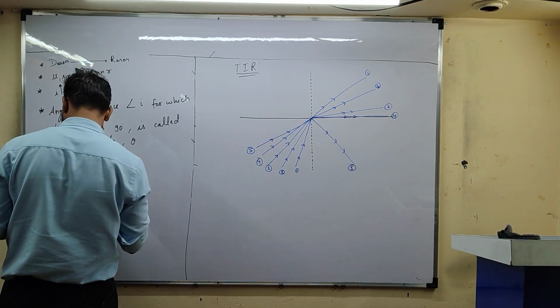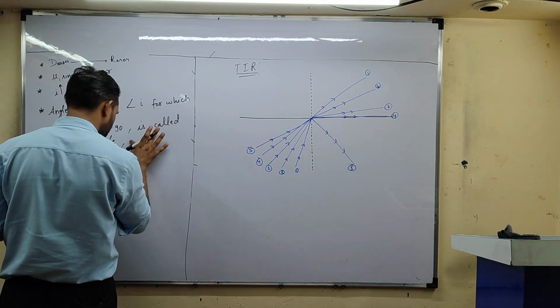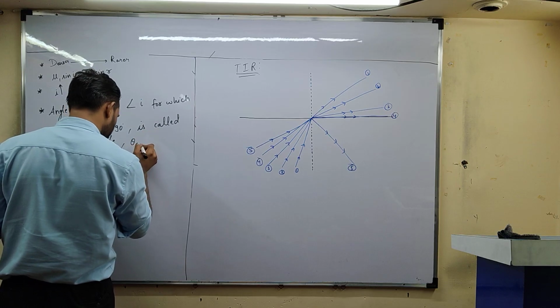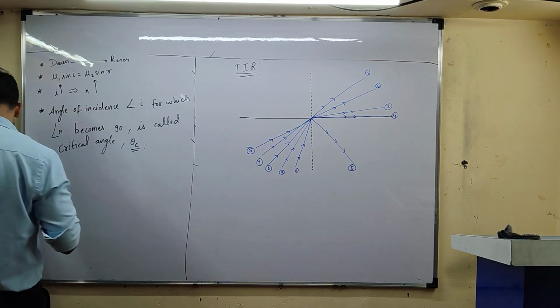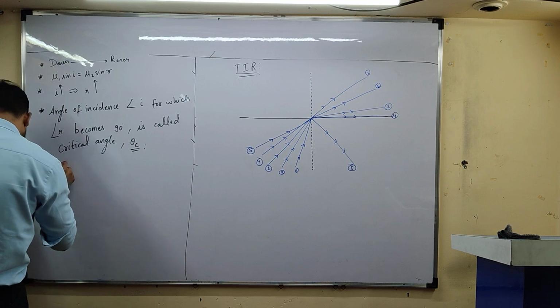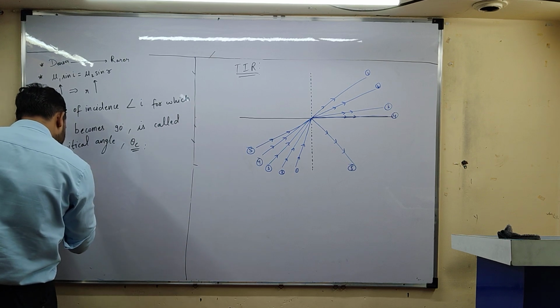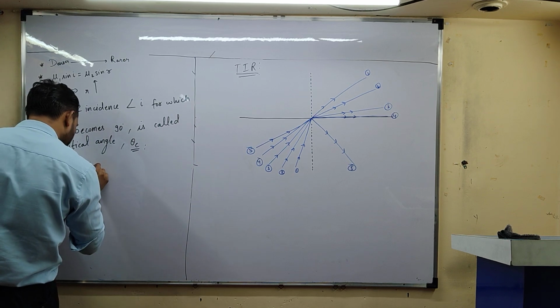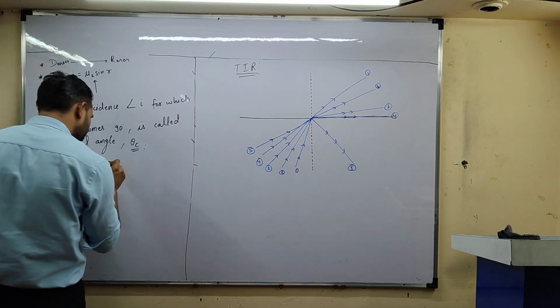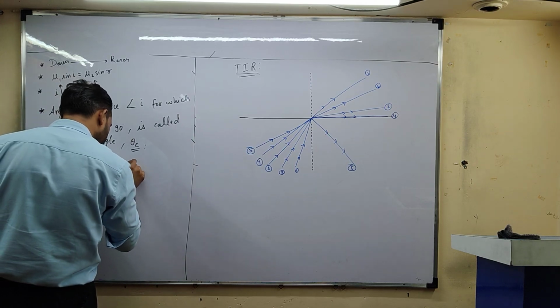Represent that as, like this, critical angle. If the angle of incidence is less than critical angle, then what happens? Refraction.